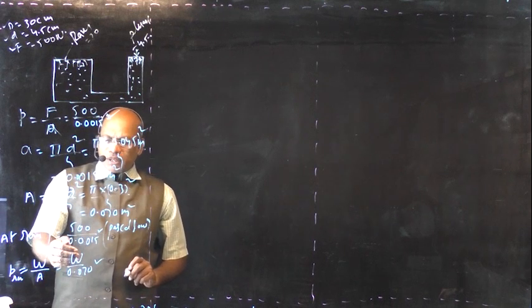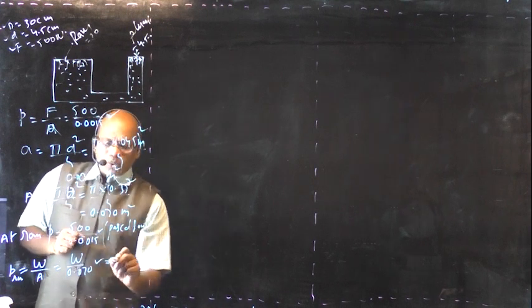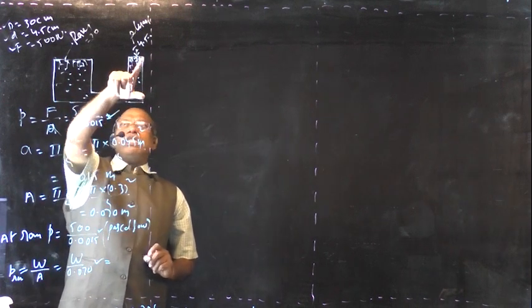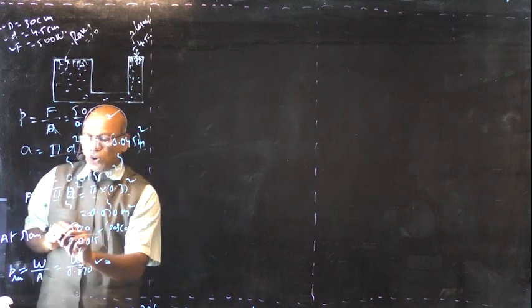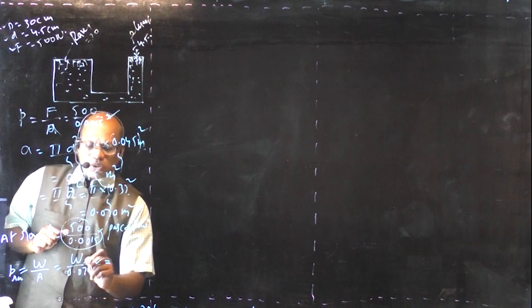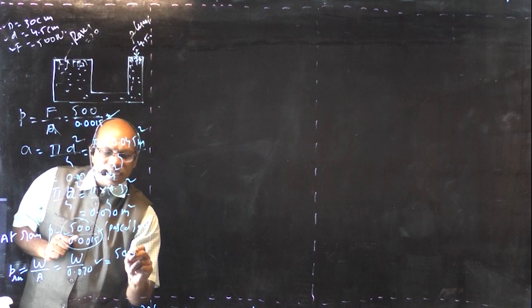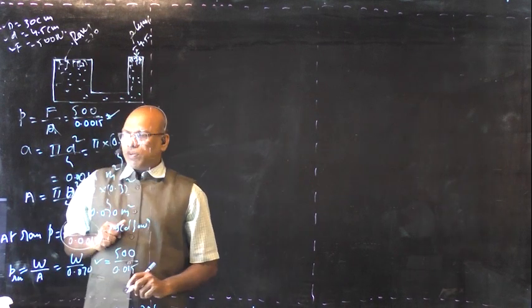Weight we are going to determine, area is already calculated. Based on Pascal's law, the pressure intensity at the plunger is equal to the pressure intensity at the ram. Therefore, this value is equal to W by 0.07, which is equal to 500 divided by 0.015.